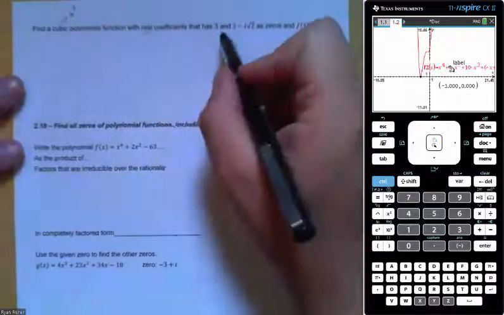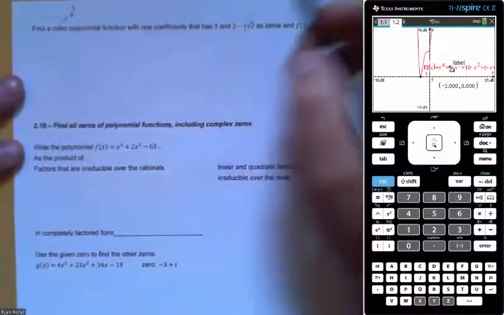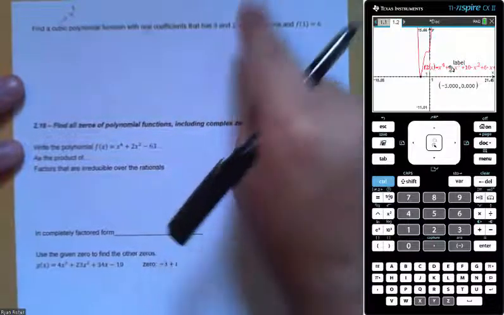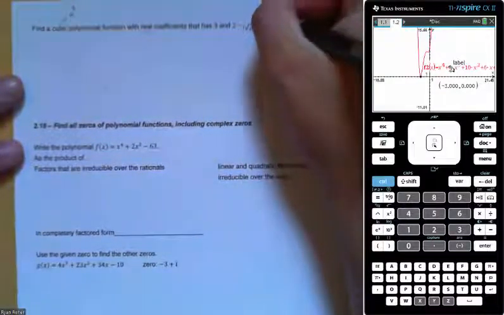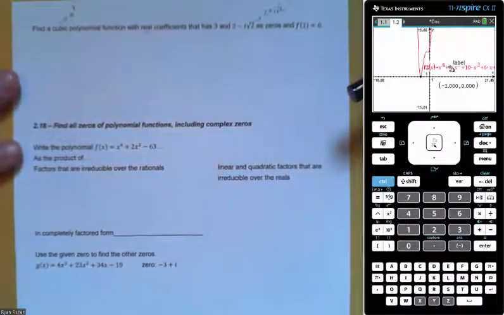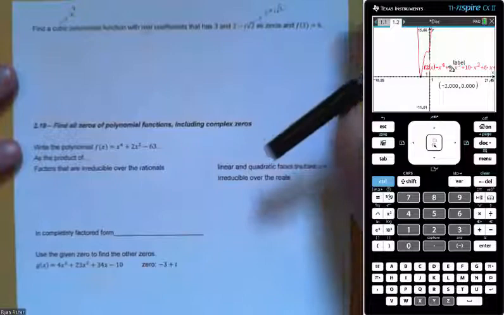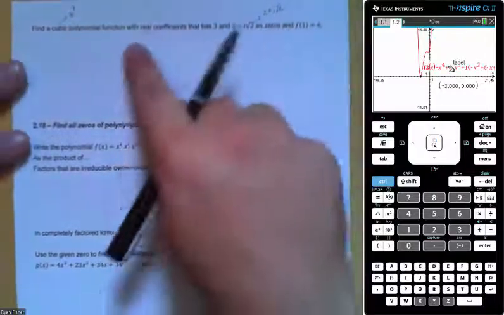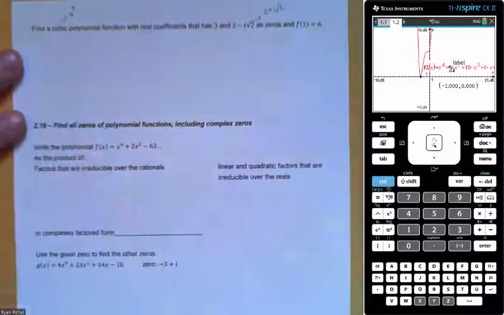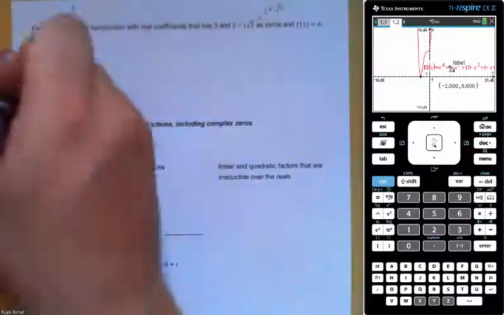We know that if these 2 values are roots, then there's a 3rd root. In fact, since one of them is complex, the other is also a complex number, 2 plus i root 2, its complex conjugate. So all possible polynomials of degree 3 that have these 3 roots have to look something like this.